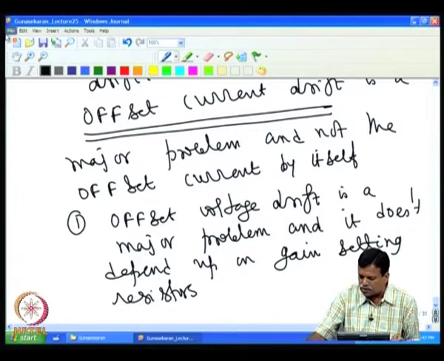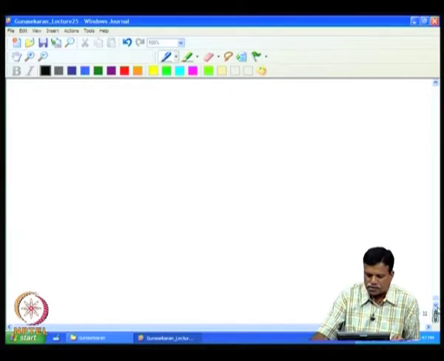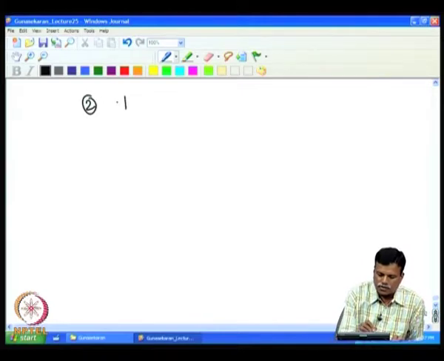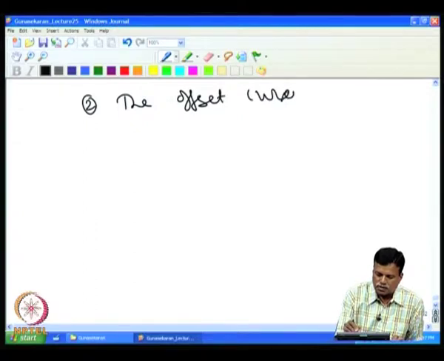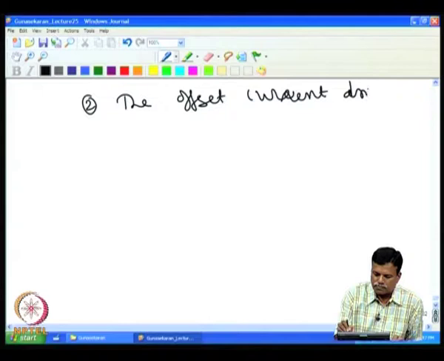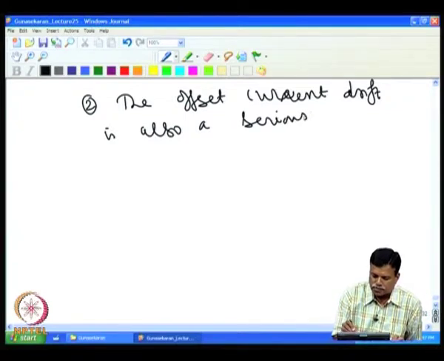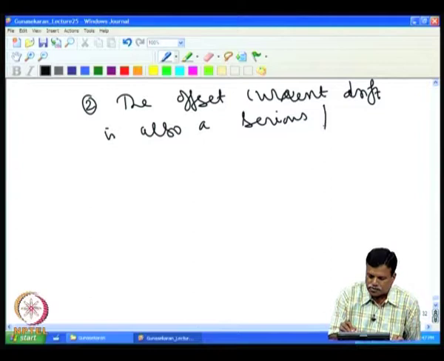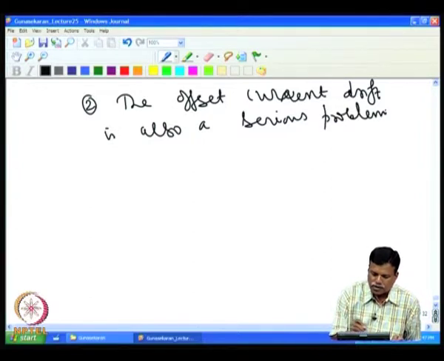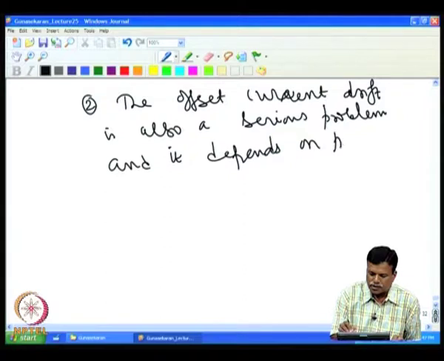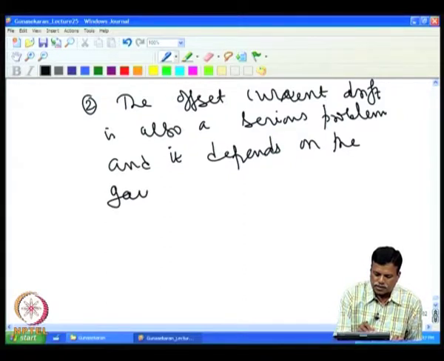Now, the offset current drift is also a serious problem, and it depends on the gain setting resistors.